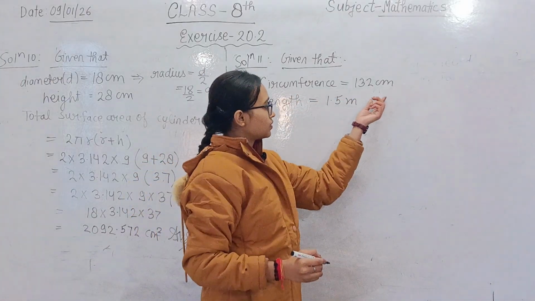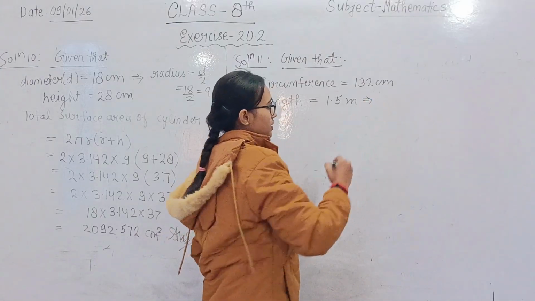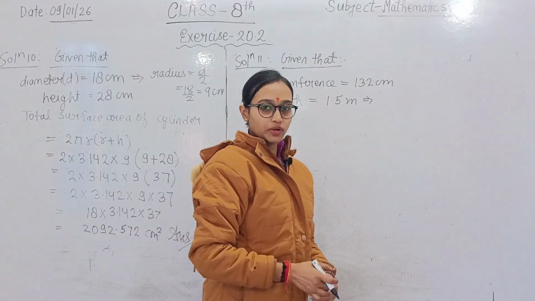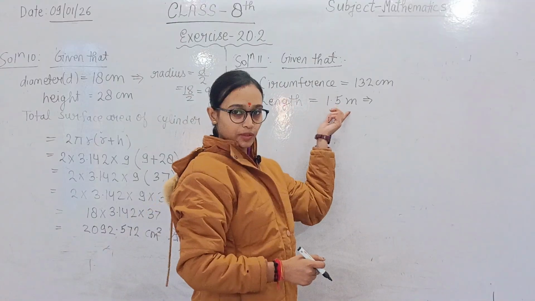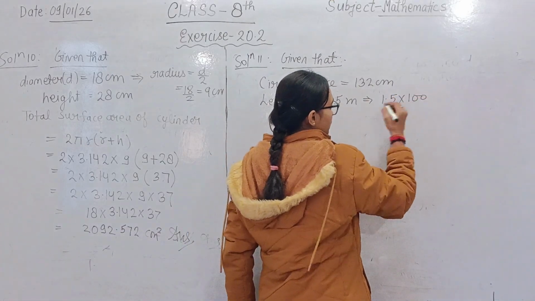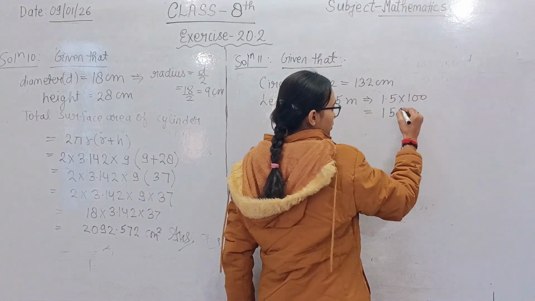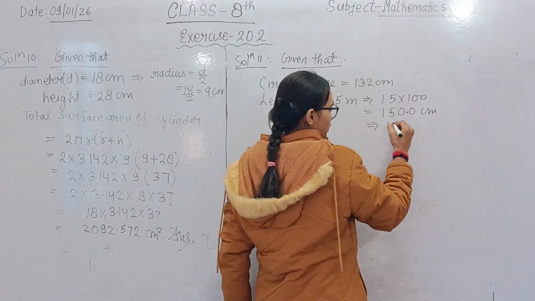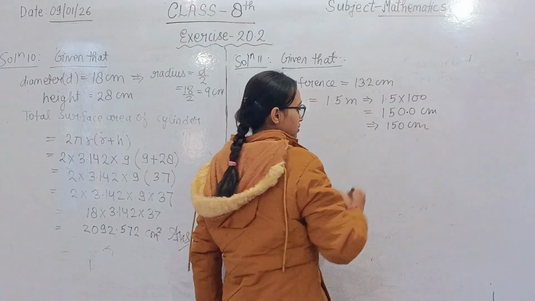Firstly, we have to change this meter into centimeter. So we know that 1 meter is equals to 100 centimeter. When we will multiply 1.5 with 100, we will get 150 centimeter.